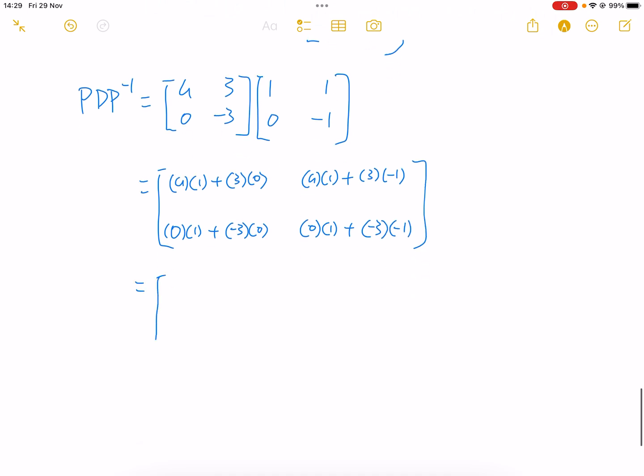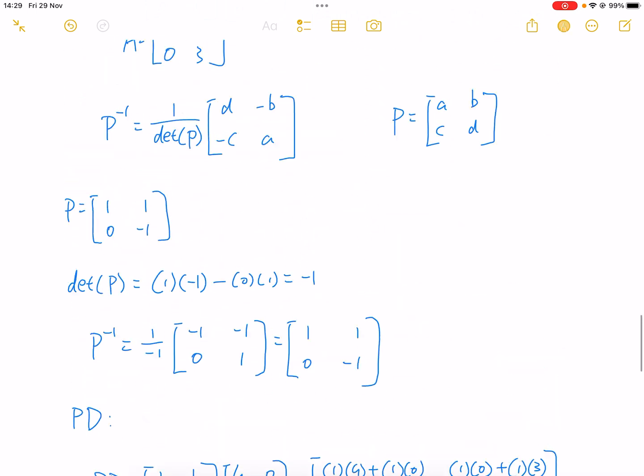Then we have 4, 1, 0, and 3, which is our A.